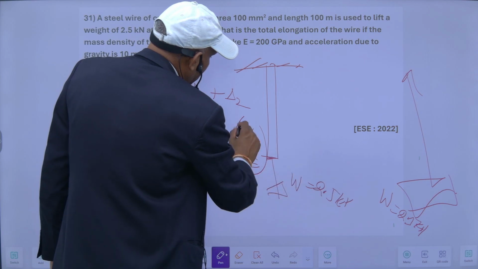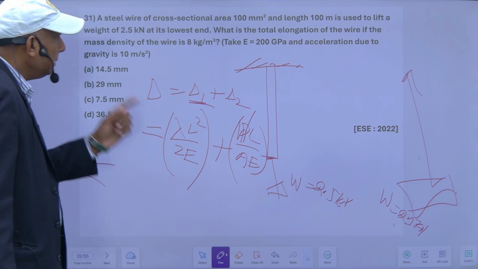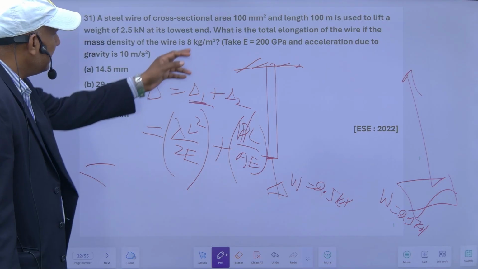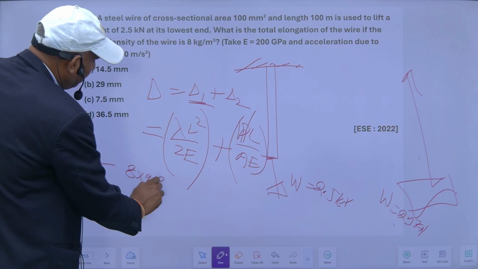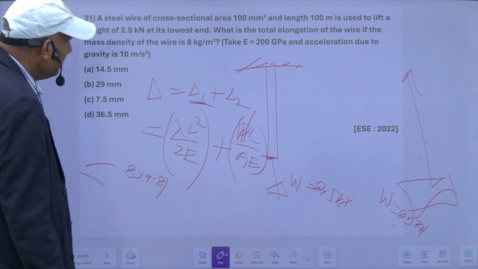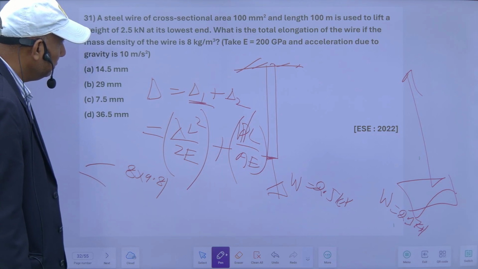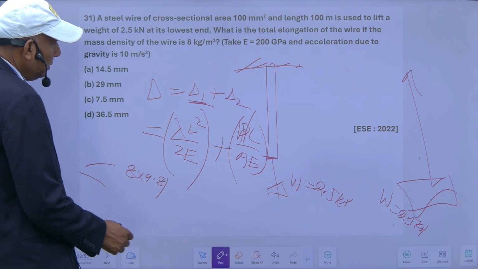PL or W you can say. So this lambda is weight. So this is 8 kilogram, which is 8 into 9.81, so it is in Newton.